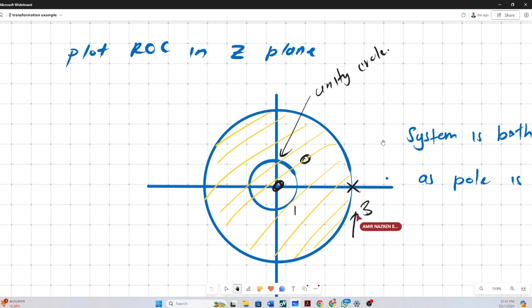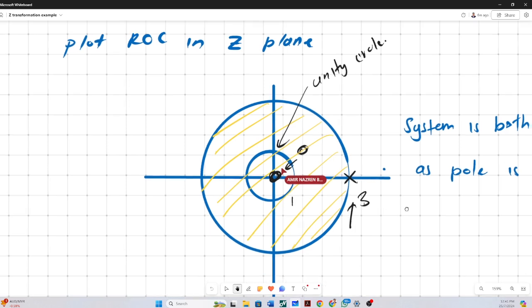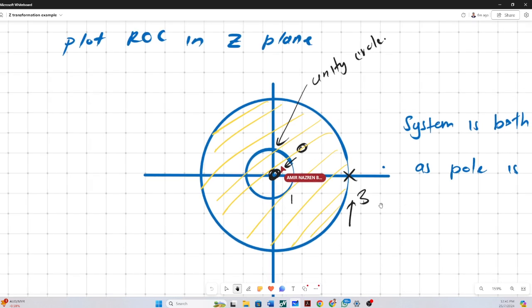These are our poles at 3, and we plot the zero here at 0. From here, we can shade our ROC.